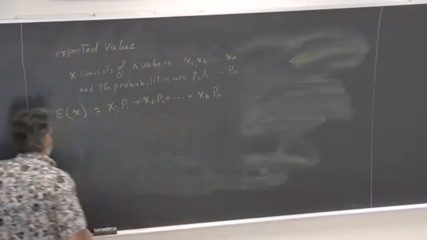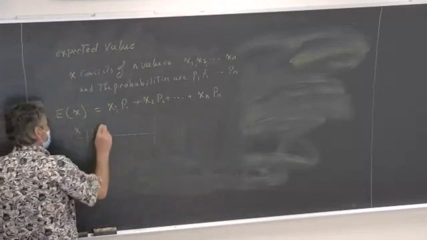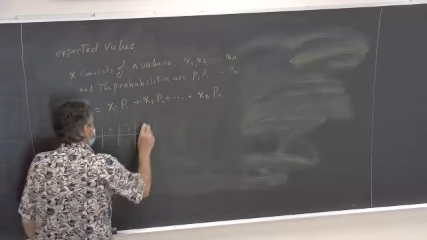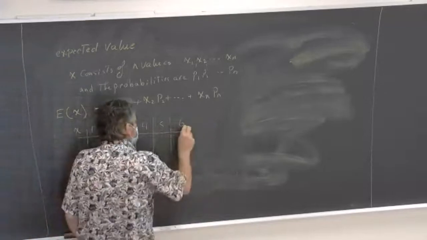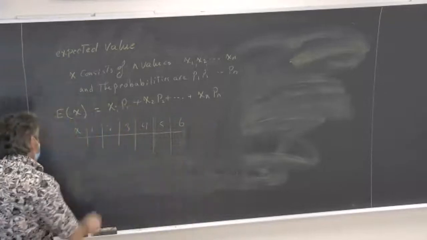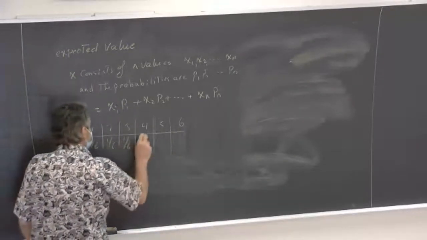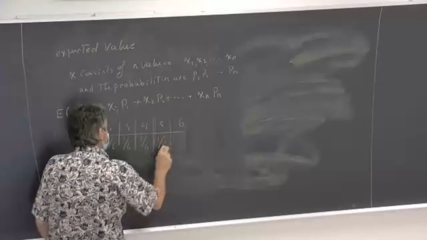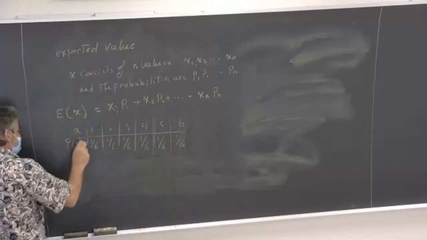So by rolling a die, we said x is 1, 2, 3, 4, 5, 6, and then we had 1/6 for each, that's the probability of each one.